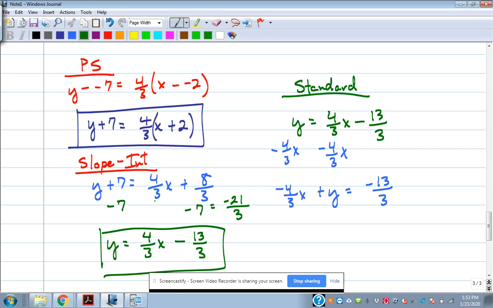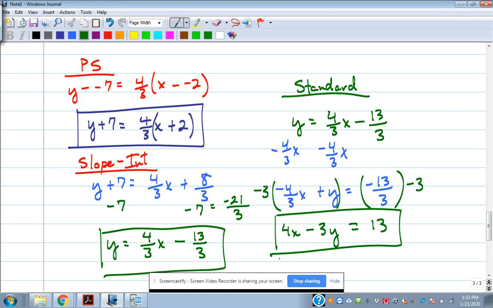So I've got to change the signs and get rid of the fraction. So I'm going to multiply by what? -3 will take care of both of those things. So that's going to be positive 4x minus 3y equals positive 13. And there's our standard form for that.